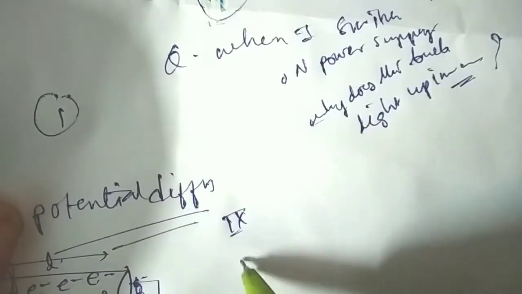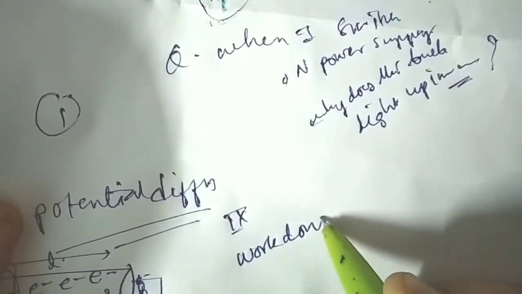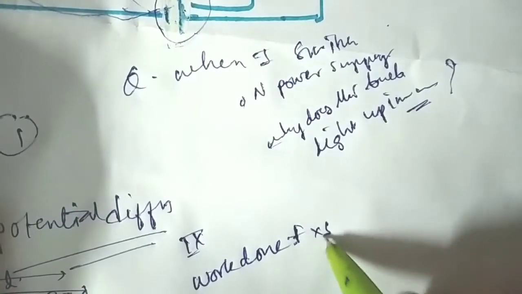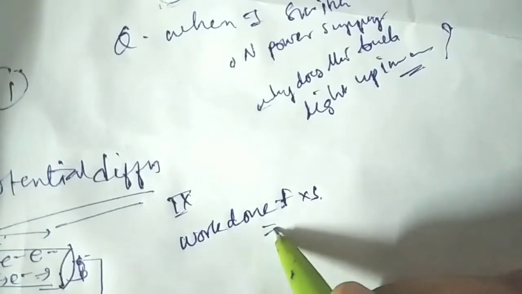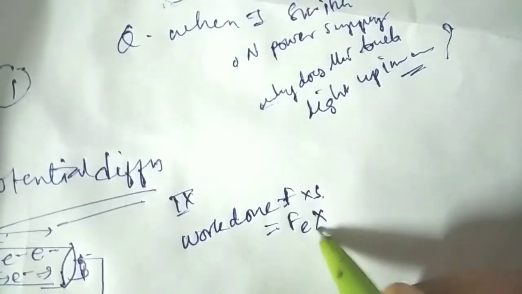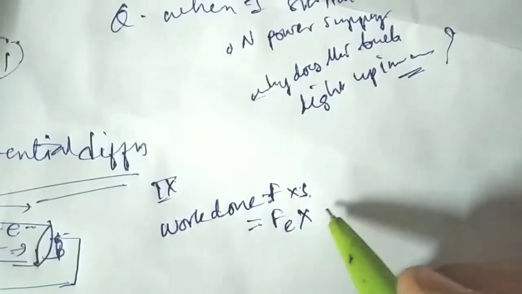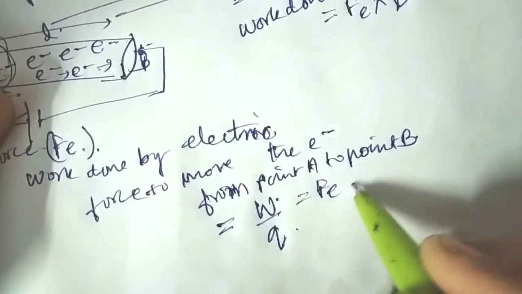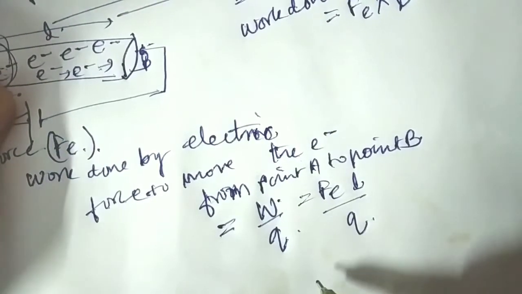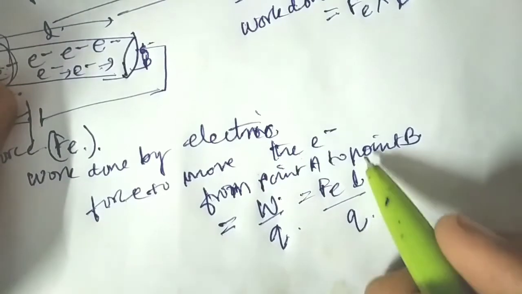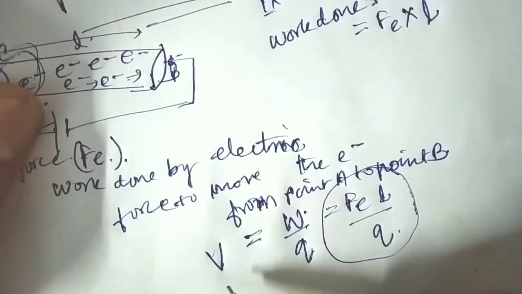Okay. Now students here, what is W here? Work done. Now if you are 9th class students, work done is equal to force into displacement. Right? So here what is the force here? My force here, Fe, into displacement, which is the length of this conductor, given as L here. Right? Okay. That means I can write down here Fe into L by Q.